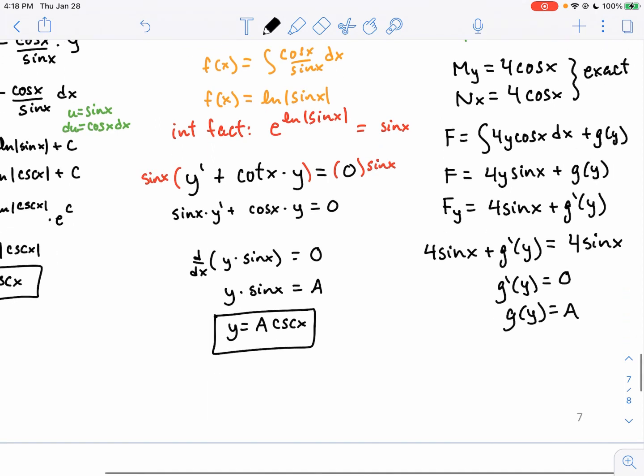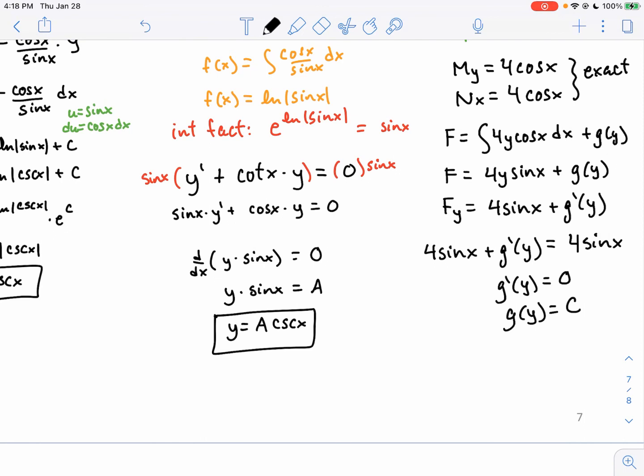Actually, when you find g of y, you don't need it to be a general antiderivative. You need it to be any antiderivative. So you can put 3 there as an appropriate function for little g, or you can put 0. 0 also works. Or you could have left it a general constant. You're going to see why it doesn't matter.